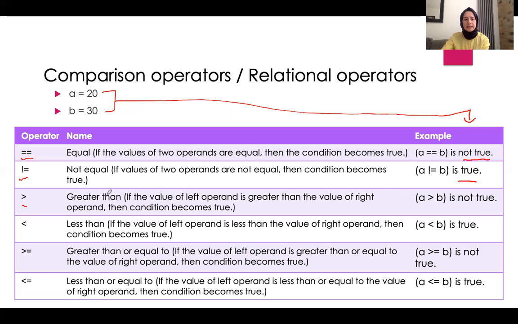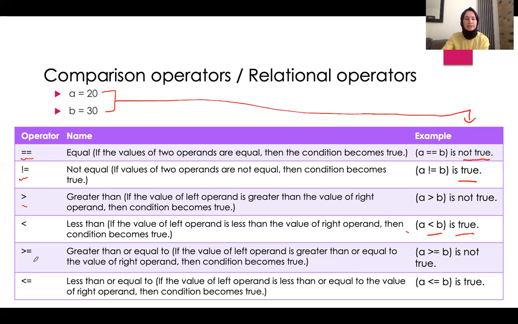Then greater than. If the value of the left operand is greater than the value of the right operand, then the condition becomes true. A is greater than b is not true because a is smaller than b. Then we have less than. If the value of the left operand is less than the value of the right operand, then the condition becomes true. A smaller than b will be true in this case.